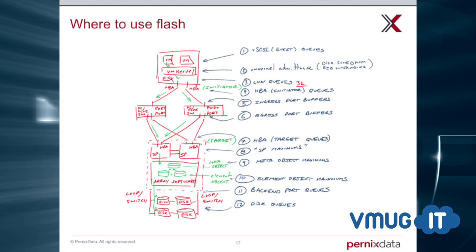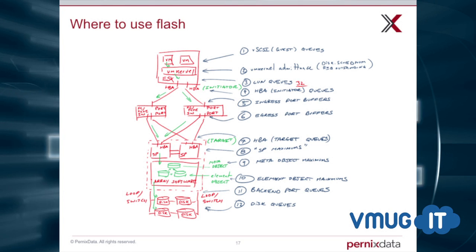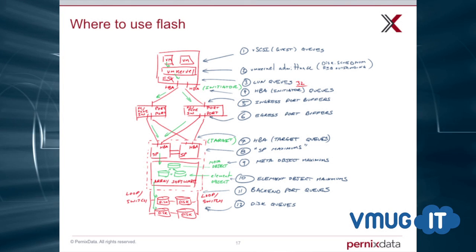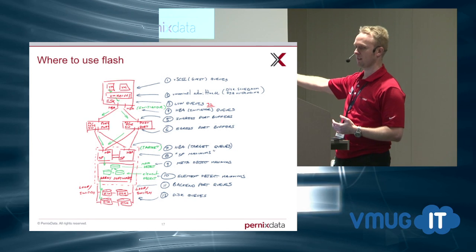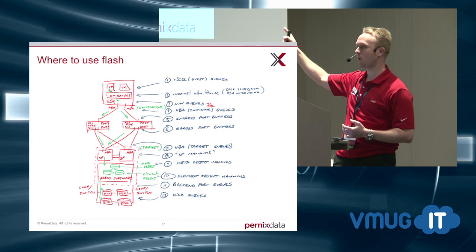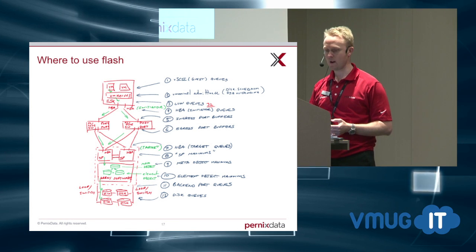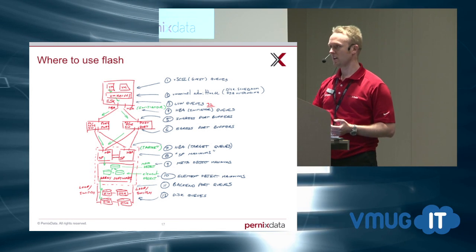But let's change the mindset about this, and let's not talk about donuts, even though we could spend a lot of time talking about donuts. Let's talk about flash in the data center. Where do you put the flash in your data center? Where is the optimal use for flash? If we look at an ESXi host with a VM running on ESXi at the top, and at the bottom we have the storage array, to go from the VM all the way down to a disk in an array, you have more than 12 queues you have to pass.